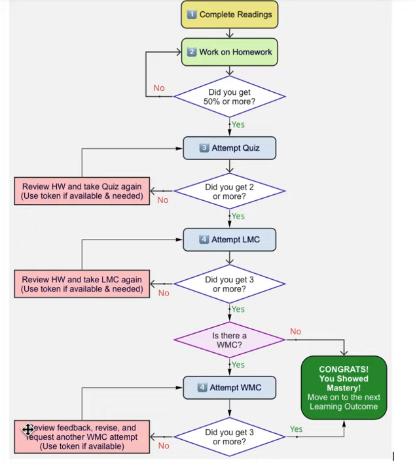If you do not get 3 or more, you'll need to look at the feedback that the instructor gives you, revise that first attempt, and then request another attempt with the token form. And of course, you need to have a token available, so make sure you have one.